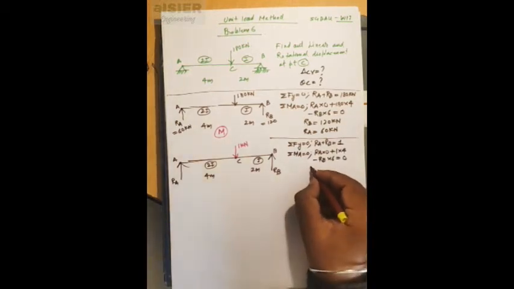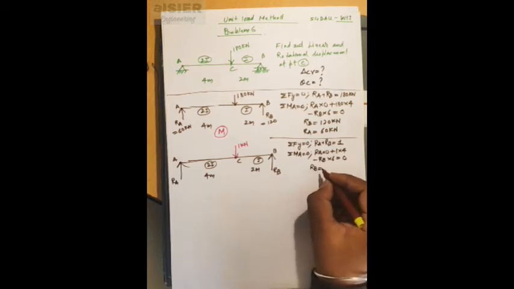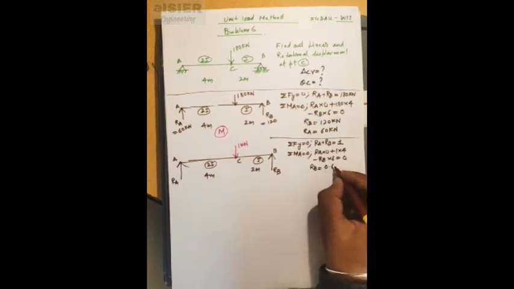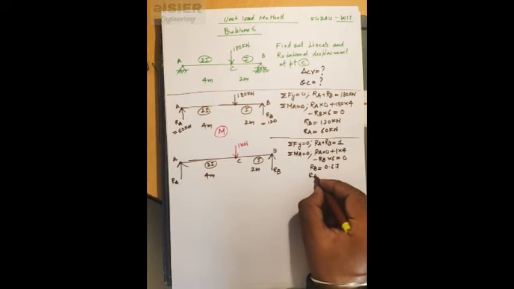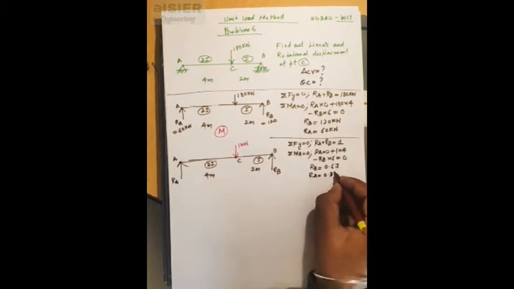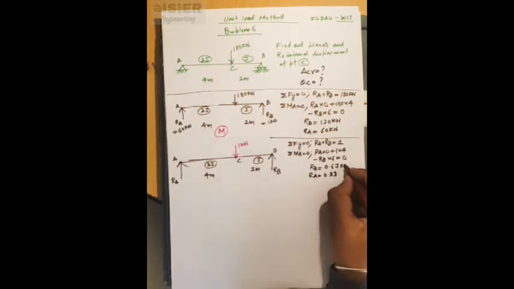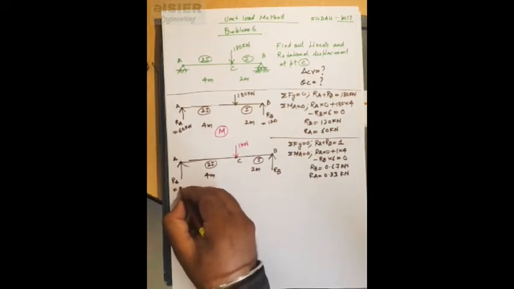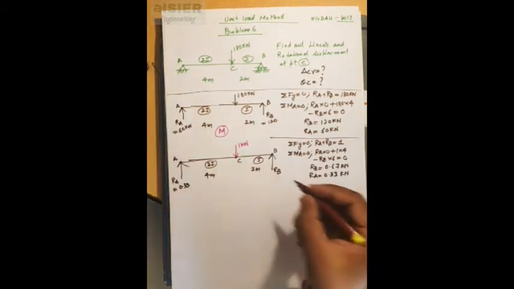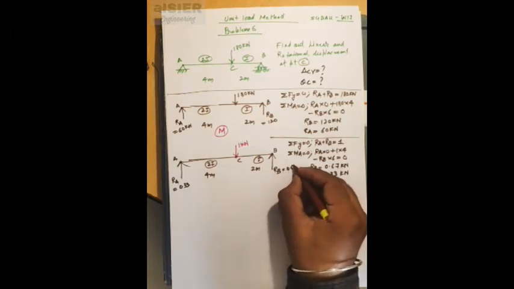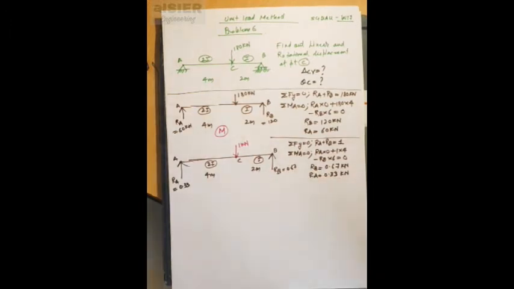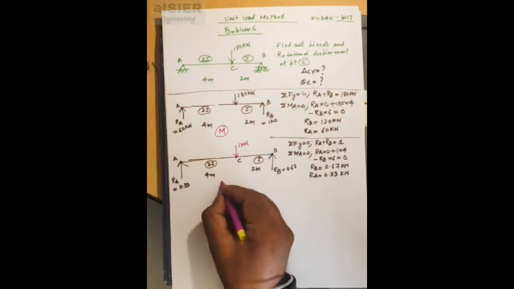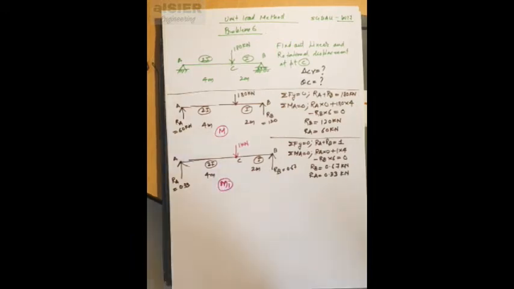So you will get value of Rb as 0.67 and Ra as 0.33 kilonewton. So I will write down here Ra as 0.33 and Rb as 0.67. Now we will name this diagram as small m1 diagram.